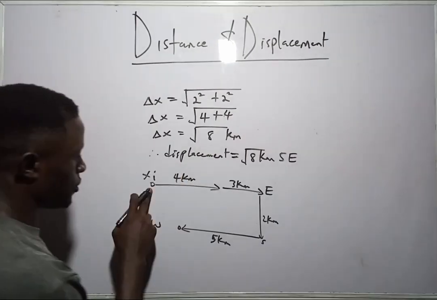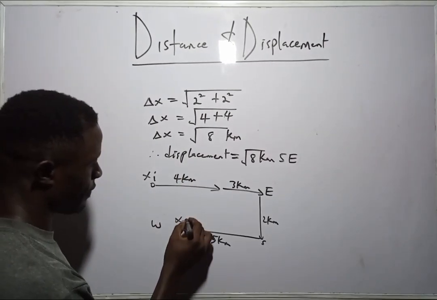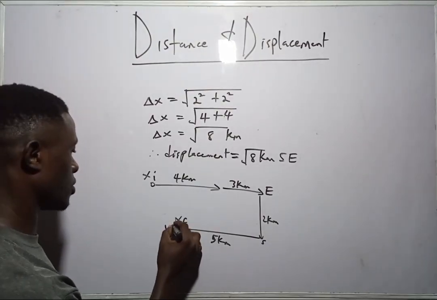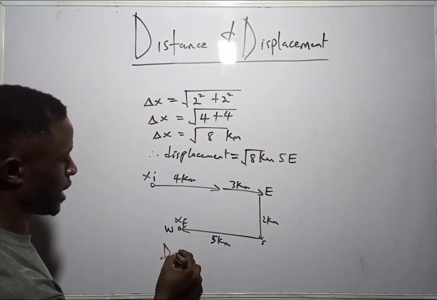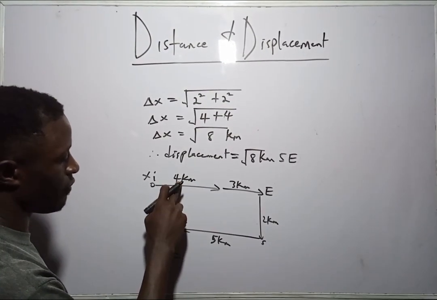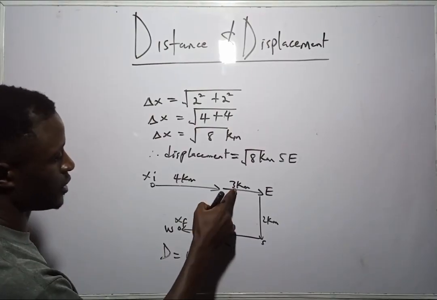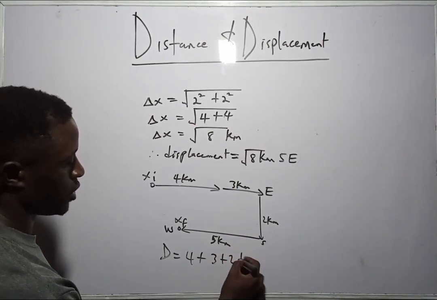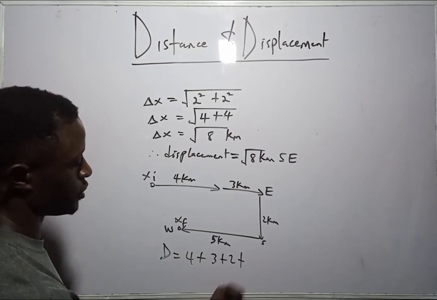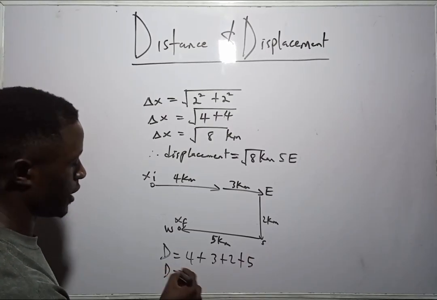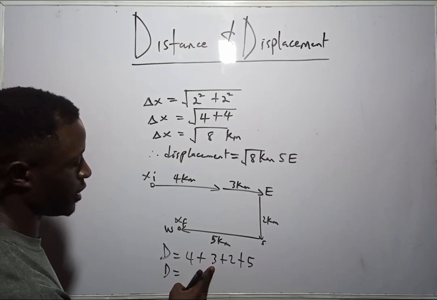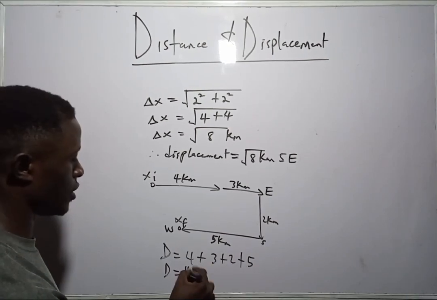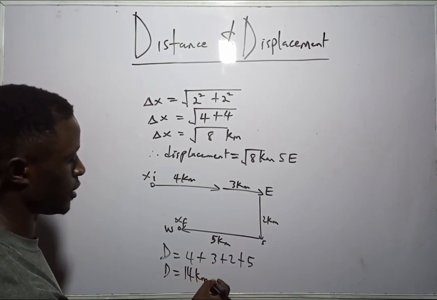This is the initial position and this is the final position. This is towards west. Distance: in the first journey it covered 4, in the second journey it covered 3, in the third journey it covered 2, in the fourth journey it covered 5. Distance therefore is going to be 4 plus 3 is 7, 7 plus 2 is 9, 9 plus 5 is going to give us 14 kilometers.